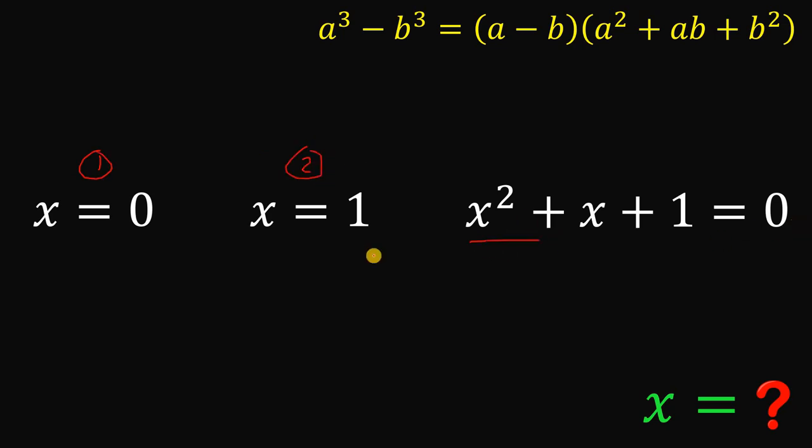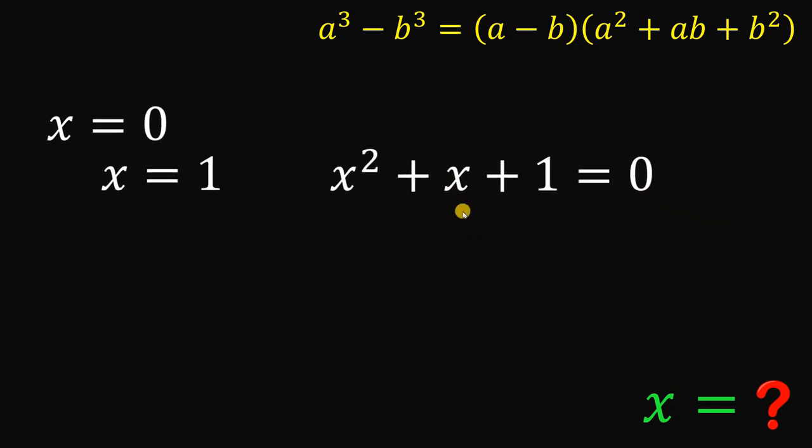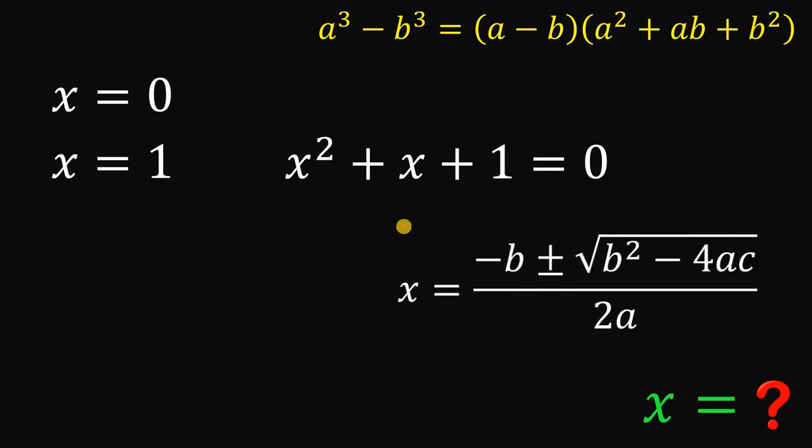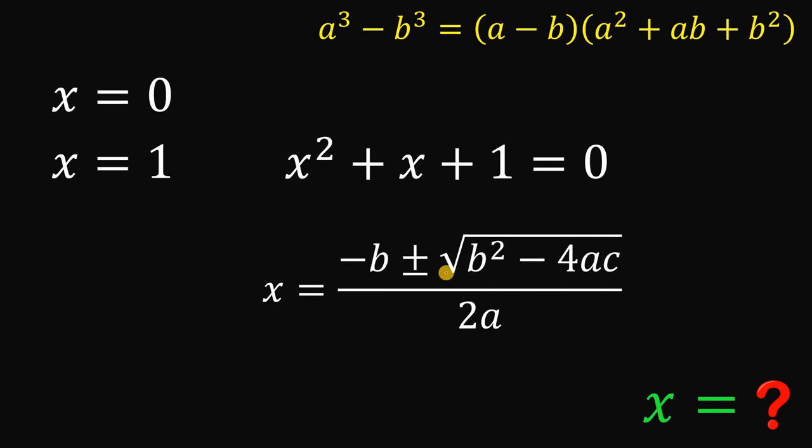Now, let's focus on this quadratic equation, x squared plus x plus 1 equals 0. So this is not factorable, so to solve for the value of x, let's use the quadratic formula. We have negative b plus or minus square root of b squared minus 4ac all over 2a. Now, the value of a must be the coefficient of x squared, which is positive 1.